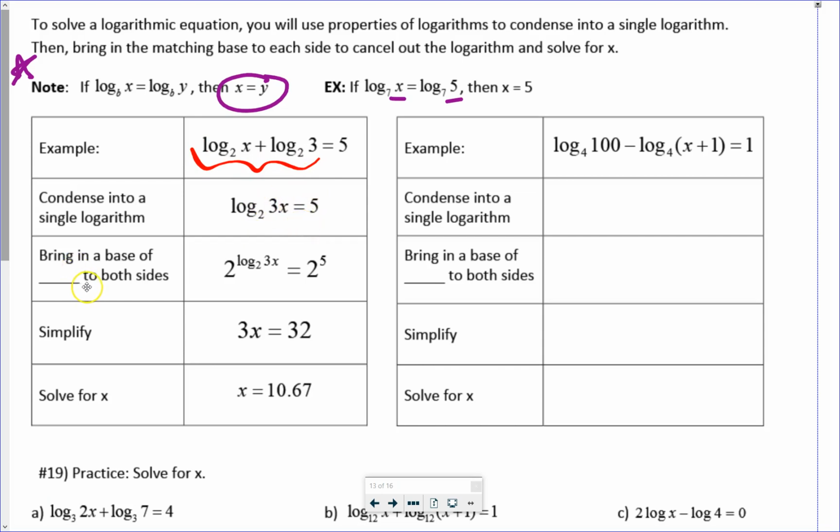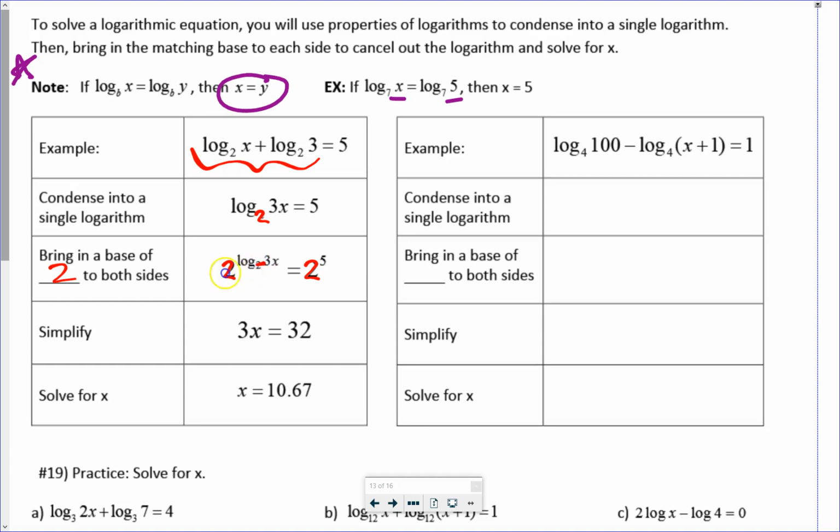Then it says bring a base to both sides. What base did we bring? A 2, right? And where did that 2 come from? Yeah, the small number on the log. That tells you what you need to bring in. My log has a base of 2, so I need to bring in a base of 2.